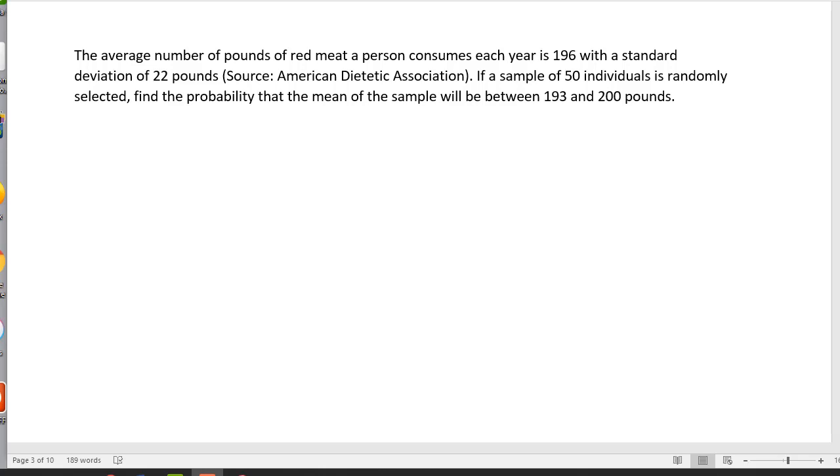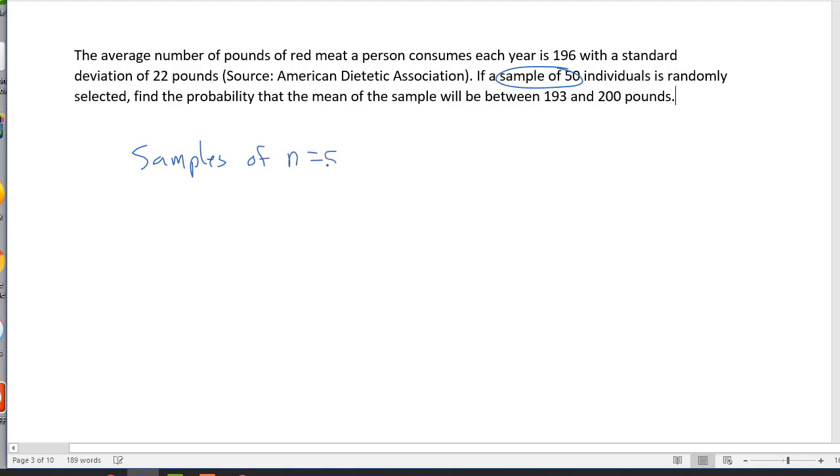So first of all, how do I know that my distribution of sample means is approximately normal? Correct. My samples are of size 50, which is greater than or equal to 30.